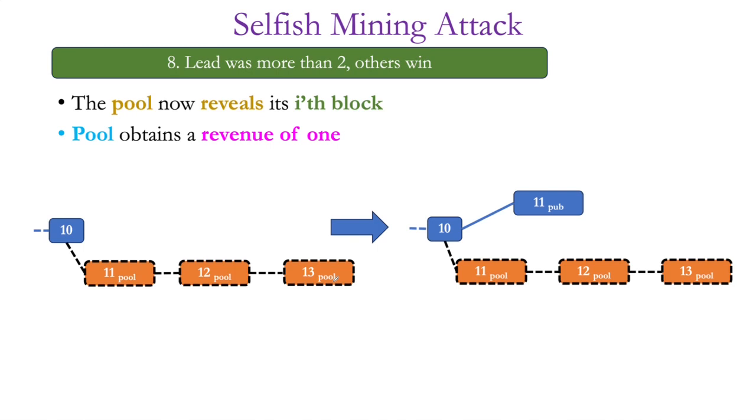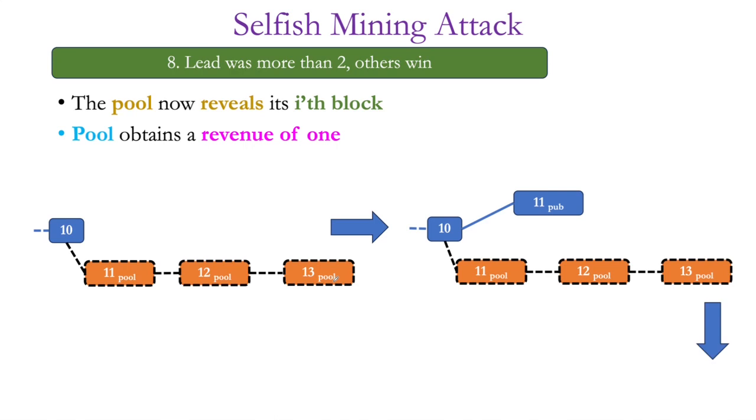So the new blocks, say numbered 11, 12, and 13, will end up outside the chain once the pool publishes its entire branch.